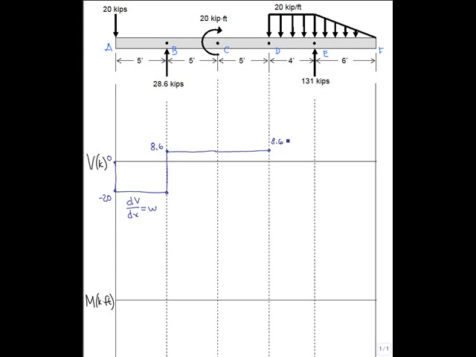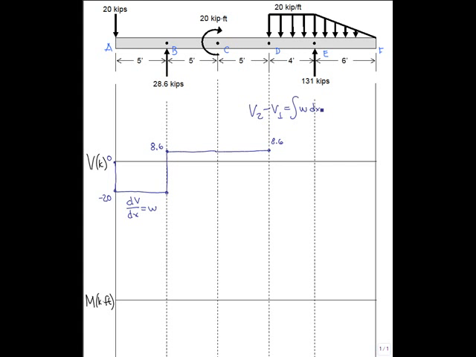We now reach the 20 kip per foot distributed load. Again, remembering that the slope of the shear curve is equal to the magnitude of the load curve. In this region between D and E, the magnitude of the load curve is constant, therefore the slope of our shear curve is constant. We can then determine the change in shear between 2 points by calculating the area, or the integral, of the load curve.